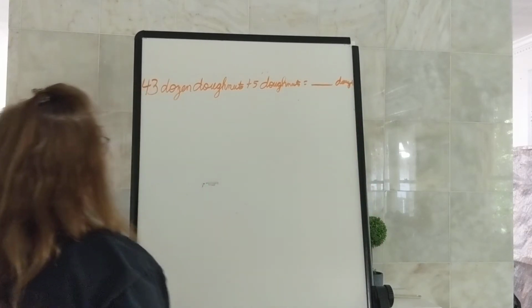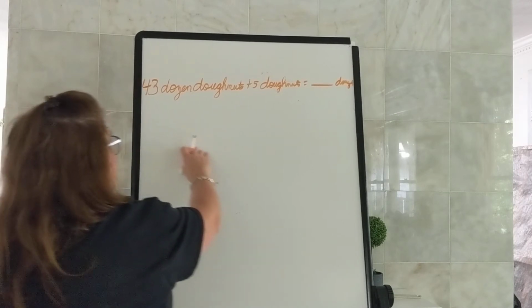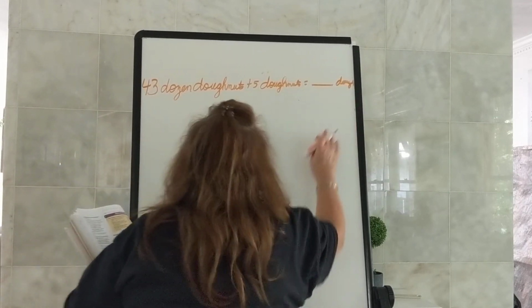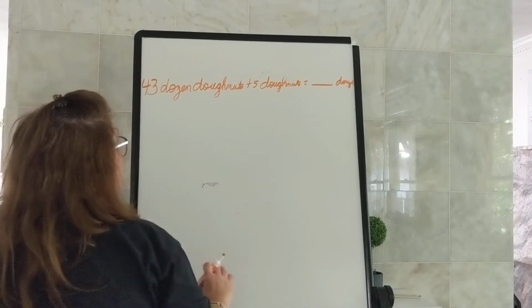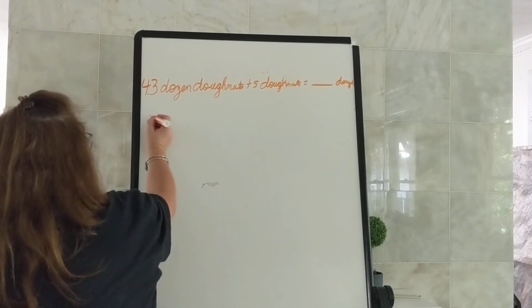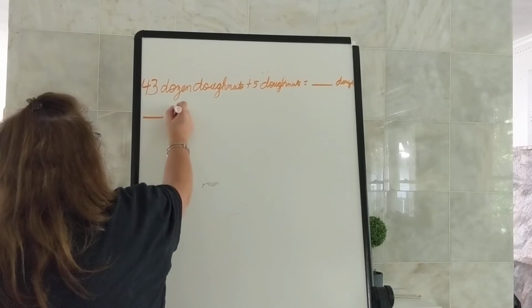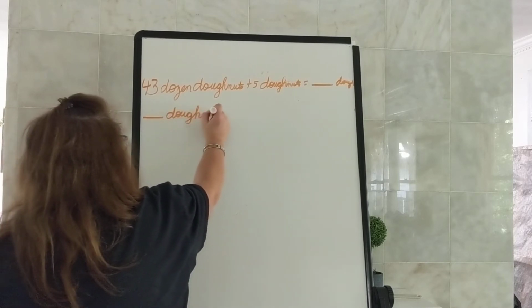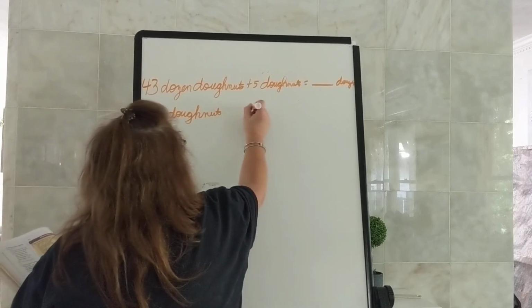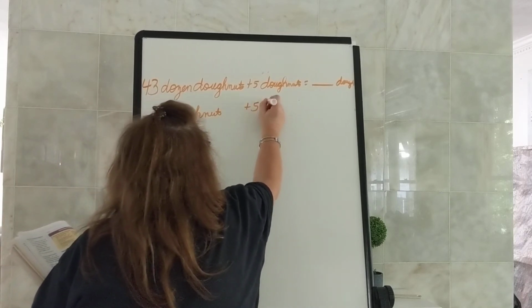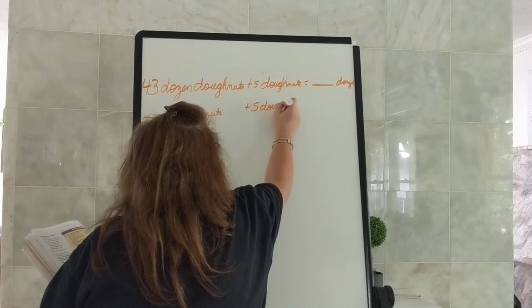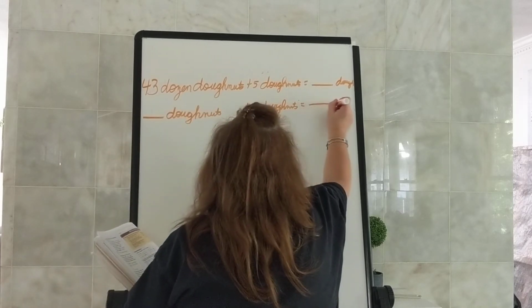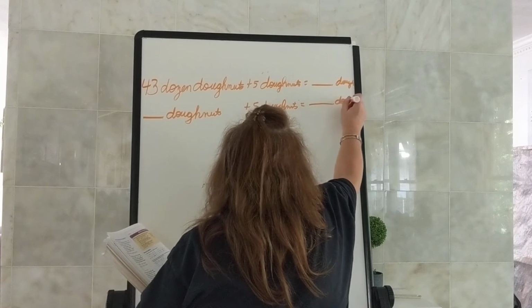Alright, so here we have dozen donuts, here we have donuts. Plus 5 donuts equals blank donuts.